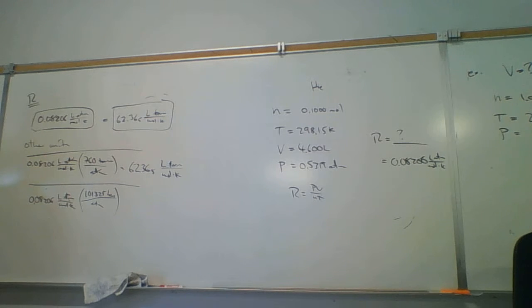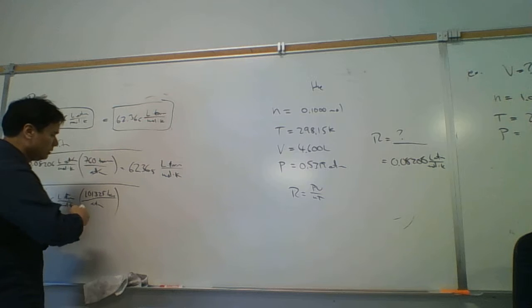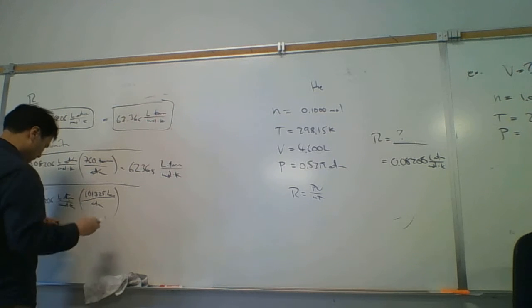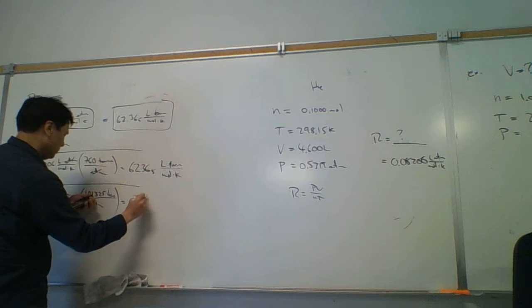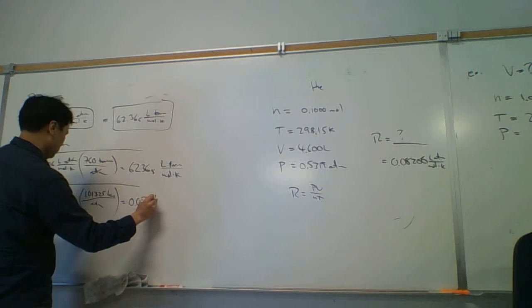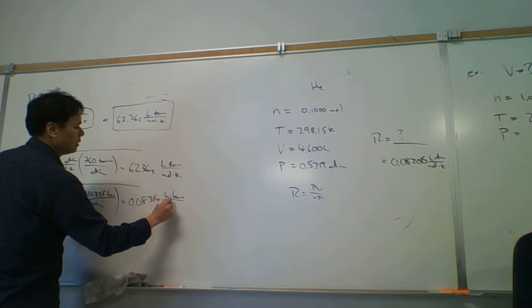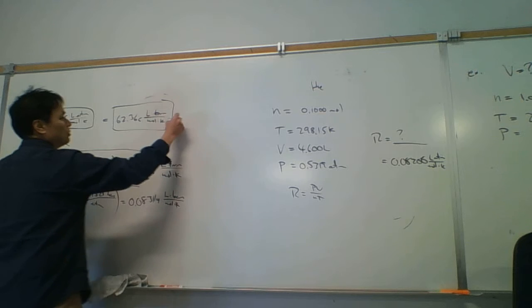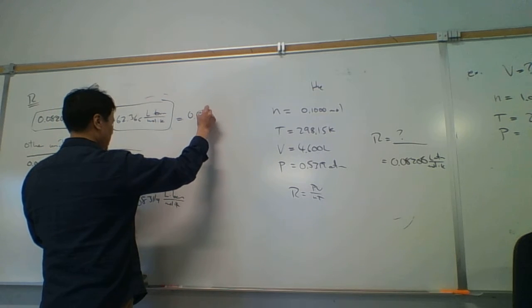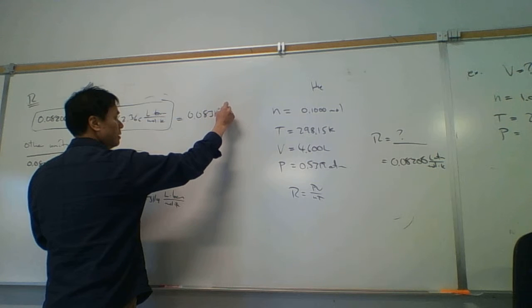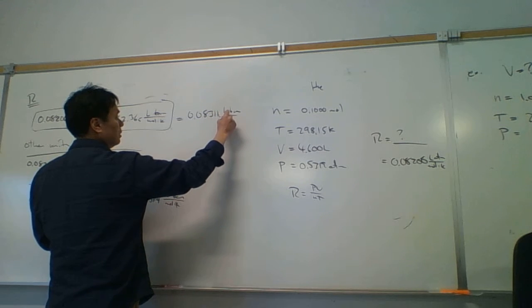So what does that come out to? 0.08206 times 1.01325 comes out to 0.083114 liters bar per mole Kelvin. And so the equivalent to this would be 0.083114 liters bar per mole Kelvin.